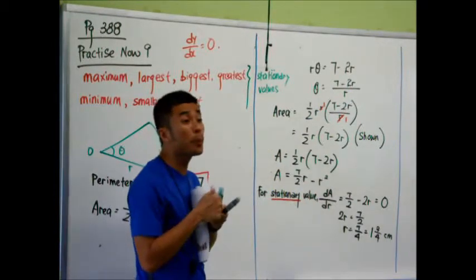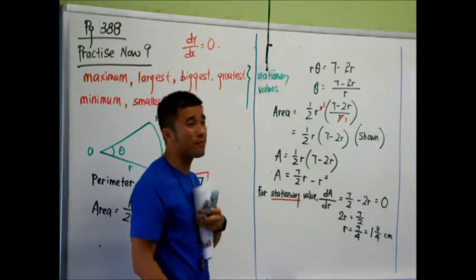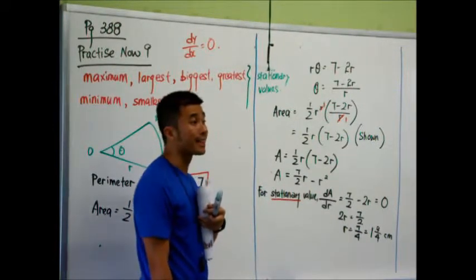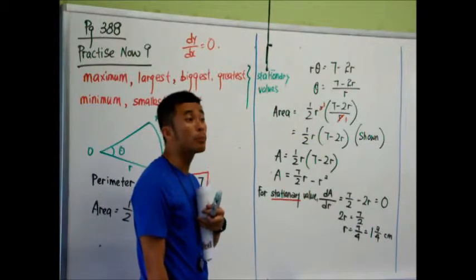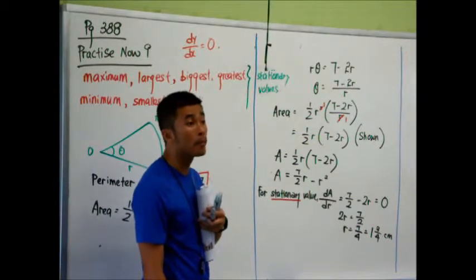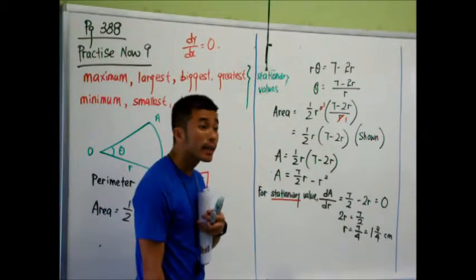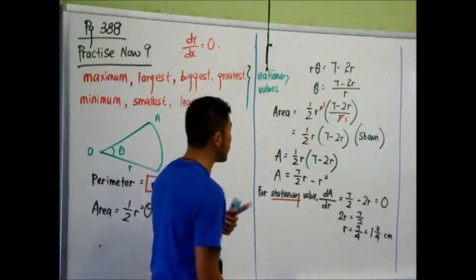But you want to prove that it's a maximum value. What must we do? We just said that at the start of the lesson. You want to prove whether it's maximum or minimum, you make use of the second derivative test.